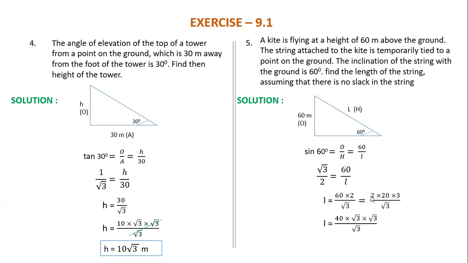So this is 2 into 20 is 40, and this I'm writing as root 3 into root 3. One root 3 cancels, and you are left with L equal to 40 root 3. Okay, so the length of the string is 40 root 3. Clear? Fifth question.